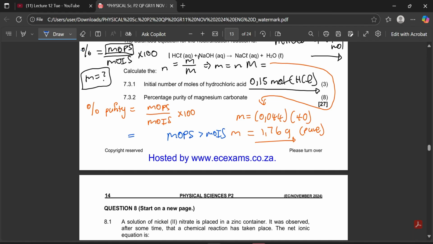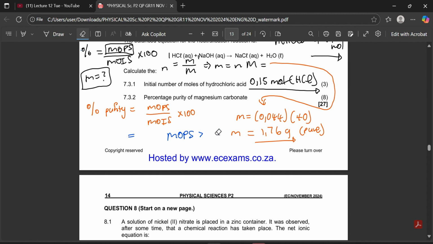So think about it. Let's say we took the 5 grams and divided it by 1.76, and multiplied that by 100. On my side, I get a percentage of 284%, which is bonkers.